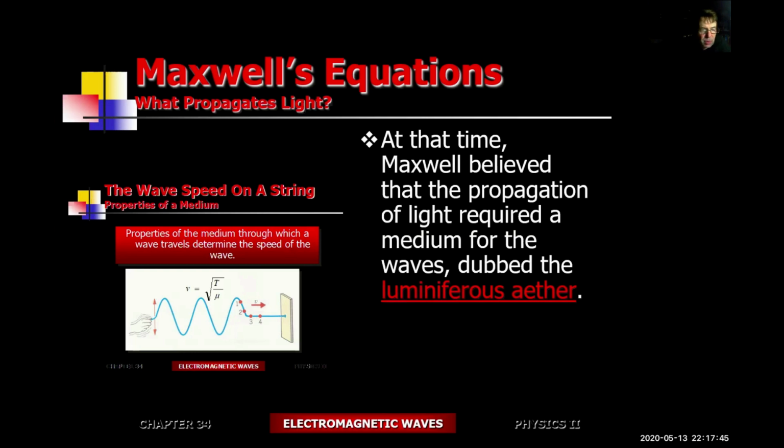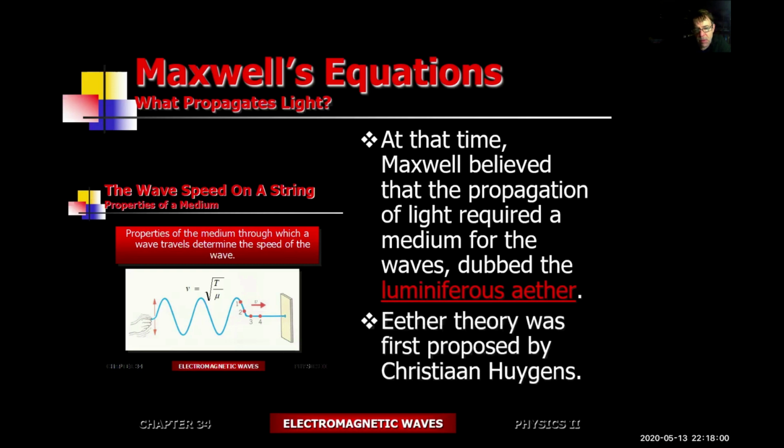This medium was supposed to be infinitely rigid with absolutely no density and no viscosity. They called it ether, which was first proposed by Christian Huygens, and Maxwell adapted the idea.